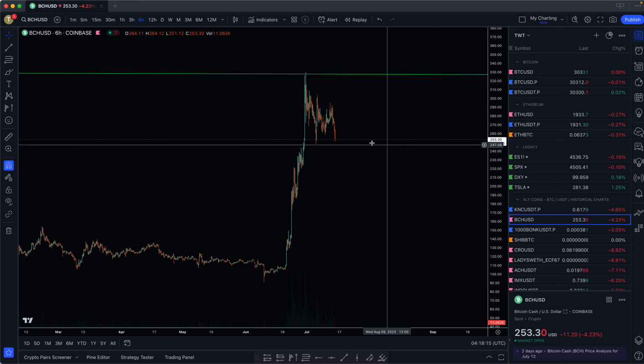Now it is important to note what they say. Textbook wise, if it retraces more than a third of the height of its cup, the pattern's invalidated. I find this to not be true. Trust me, let's just be hypothetical here.